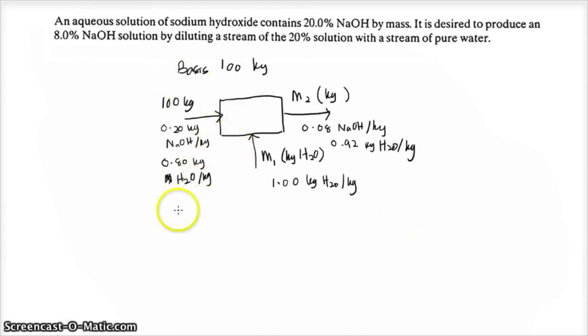So all the information is here. On the M2, what comes out, and on the input, which is M1, we don't know how many kg of H2O, and we don't know how much 8% sodium hydroxide is available.